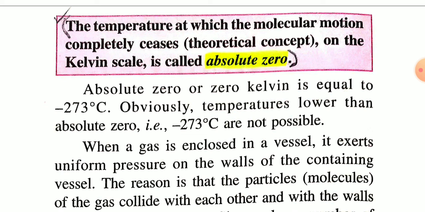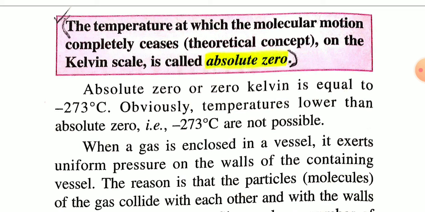You have to remember the value of absolute zero temperature. On the Kelvin scale it is 0 Kelvin, and on the Celsius scale it is minus 273 degrees Celsius.